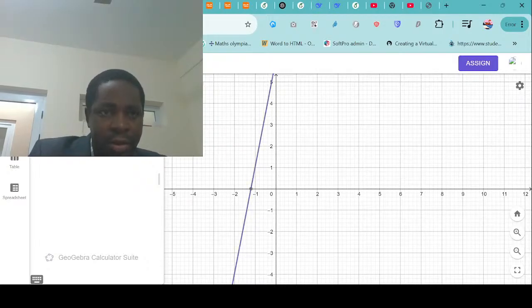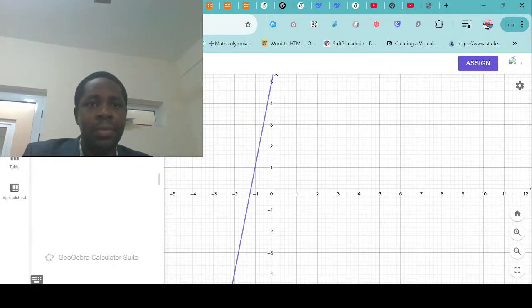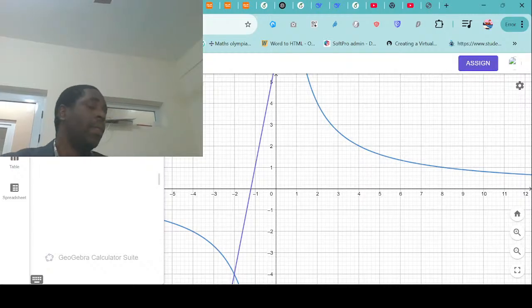Let me use f of x equals 5x plus 6, and use a different function for the other. So I'm going to use g of x equals 8 over x. Okay, I think we'll just leave it this way.